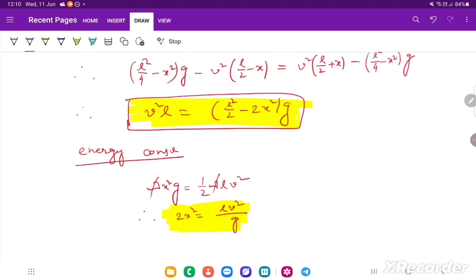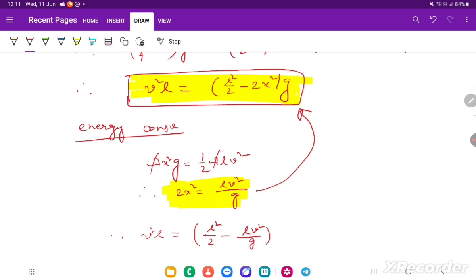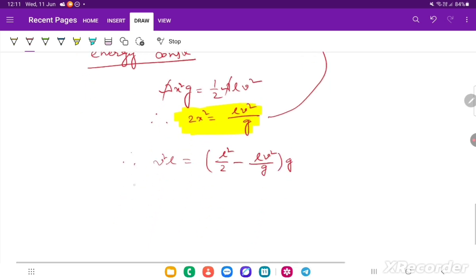So x and v are our two unknowns and we have two equations, so we can easily find x and v. As we have asked only about v, I will just substitute x in terms of v. Let's substitute the value of x square here. So we'll get v square L as L square by 2 minus L v square by g into g.